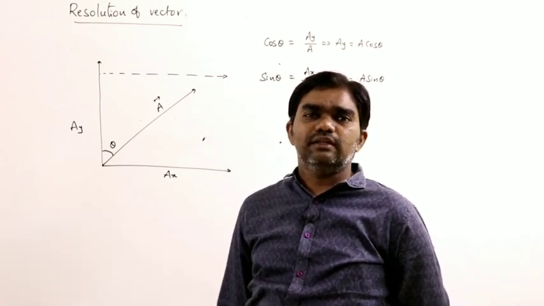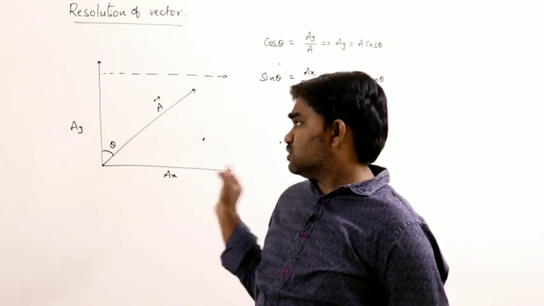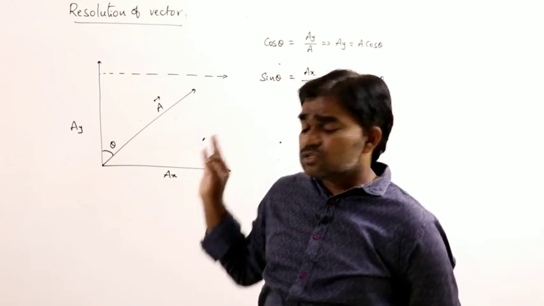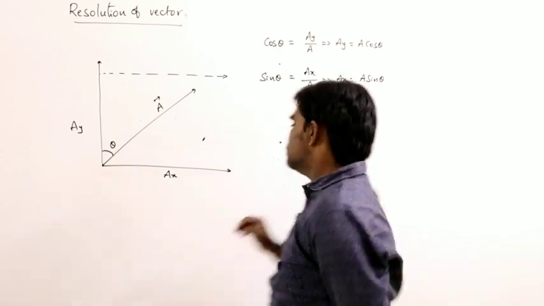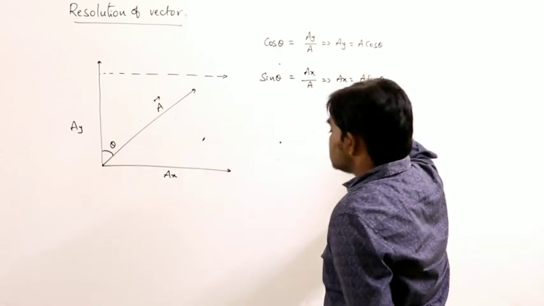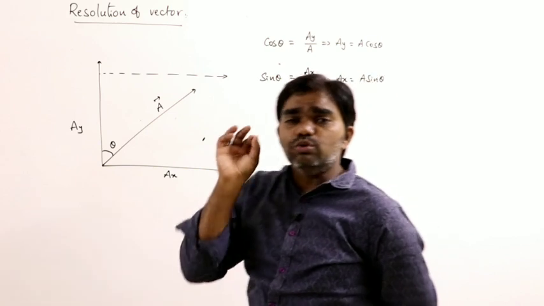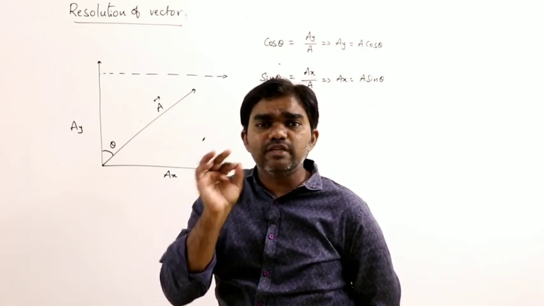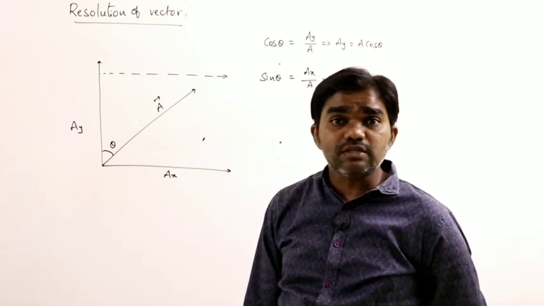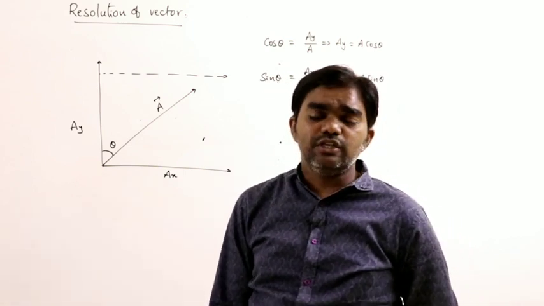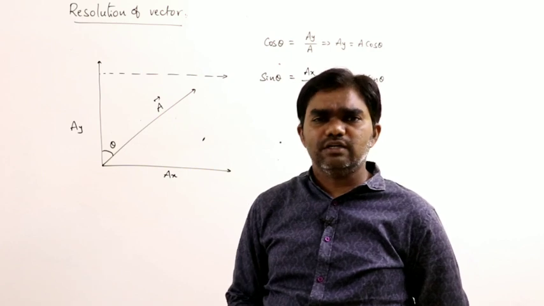Another one is the sin theta component. This is the resolution of vectors. After resolution, AX and AY are the two components, that means A cos theta and A sin theta. Those two components are always perpendicular to each other. That's a very important concept.